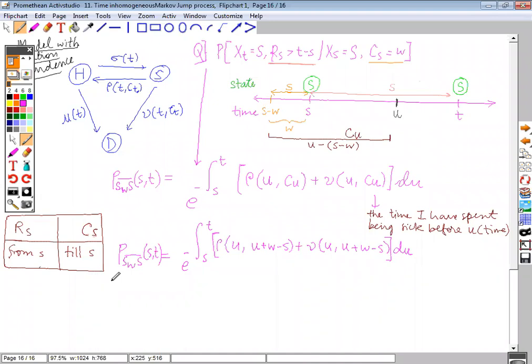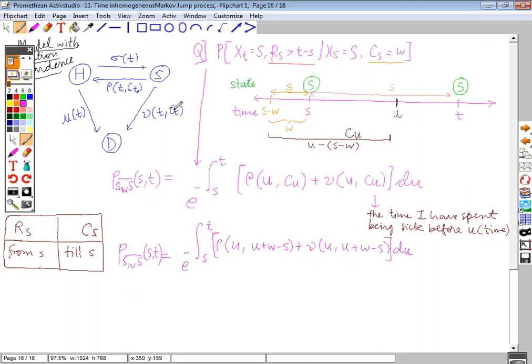So the one change that has happened here is that our state space is no longer discrete. It has become continuous because the way we hop on depends on the time that we have spent in that particular state. So that is one reason why we do not split the states.